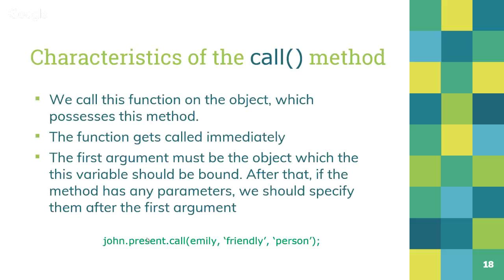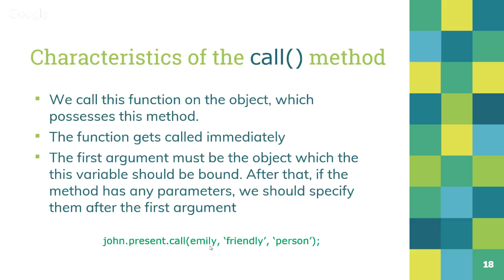We want to get the present method off of the John object. So there's a John object somewhere defined, and we want to use its method on another object. This other object is the first thing in the parentheses of the call function. So here, the Emily object. This is an object. Notice that it doesn't have any string operators or any quotes around it.